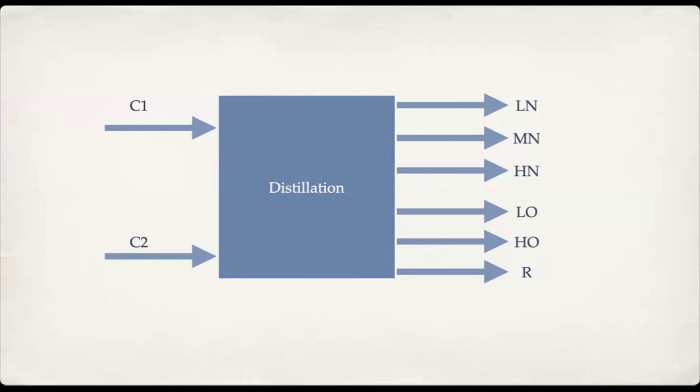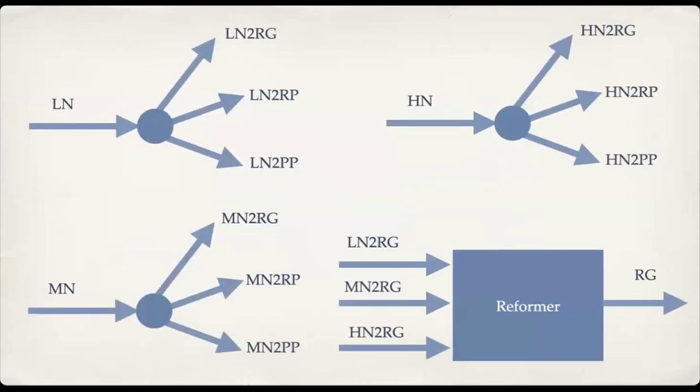But if you remove all these variables, it renders the problem more complex, because light naphtha will be split into 3 streams.